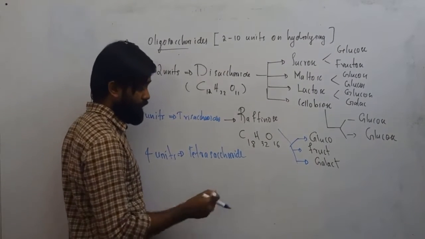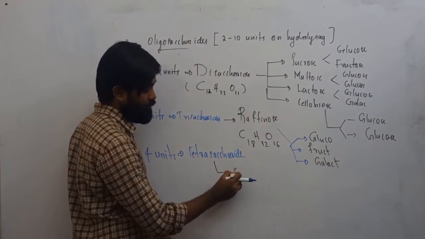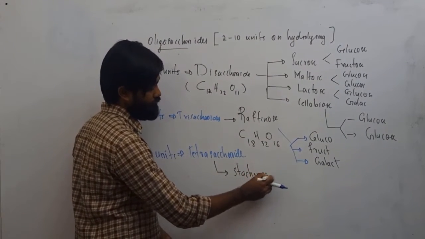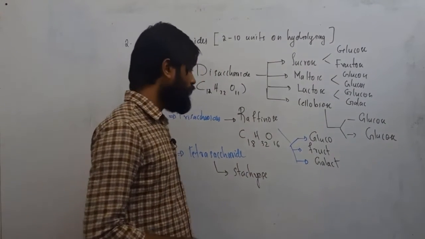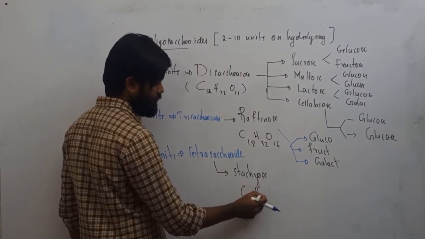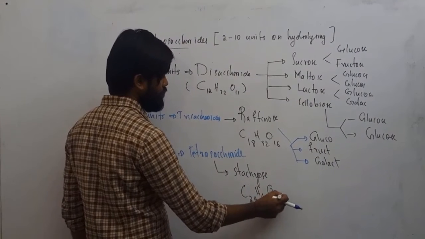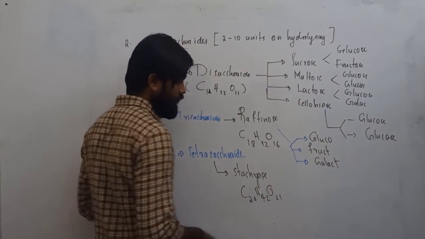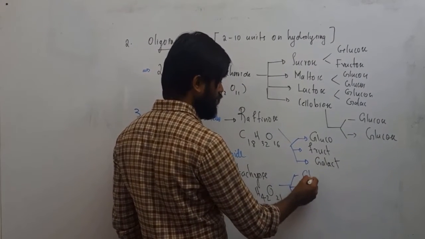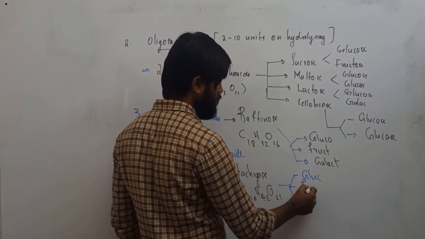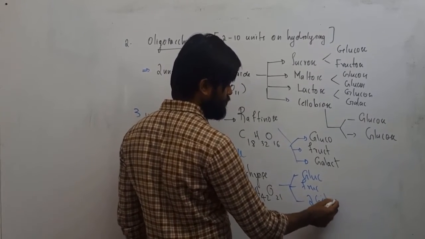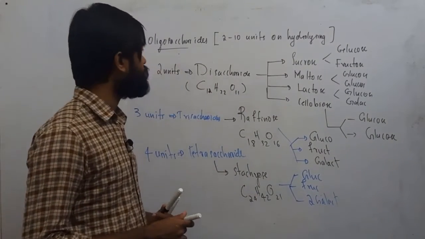The best example for the tetrasaccharide is stachyose, with the formula C24H42O21, where the monosaccharide units are glucose, fructose, and 2 molecules of galactose. So total of 4.